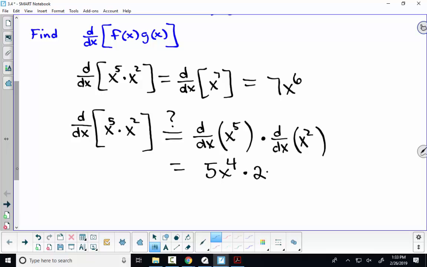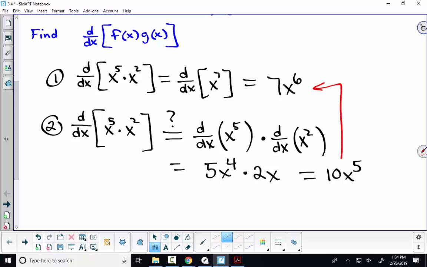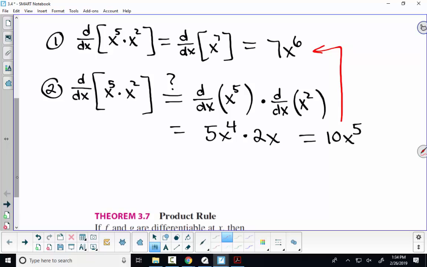Derivative of x squared is 2x. So we get 10x to the 5th. So this was questionable because, again, we don't know the product rule just yet. We do know that this first method of computation was accurate, but the second method of computation didn't give us the same result. So this isn't the same as this. And so what that tells us is, in order to take a derivative of a product, we can't just take the product of the derivatives.